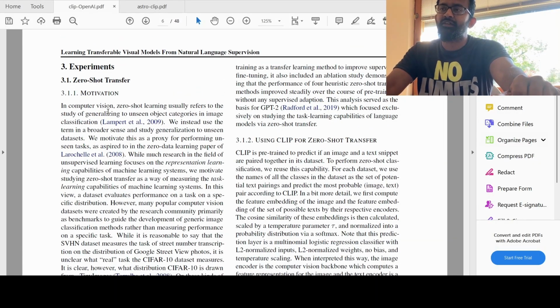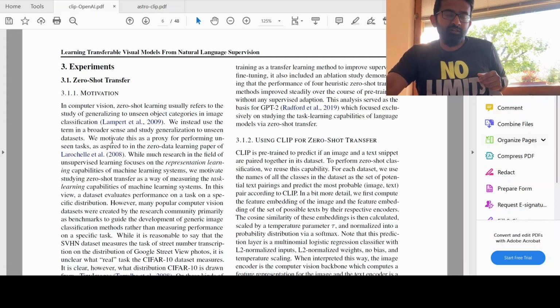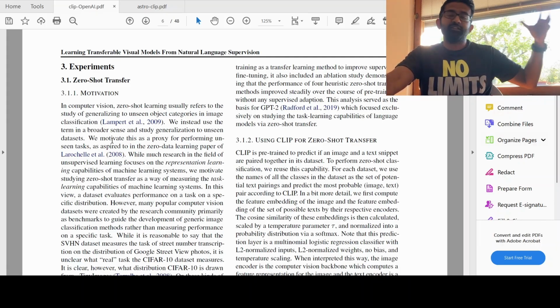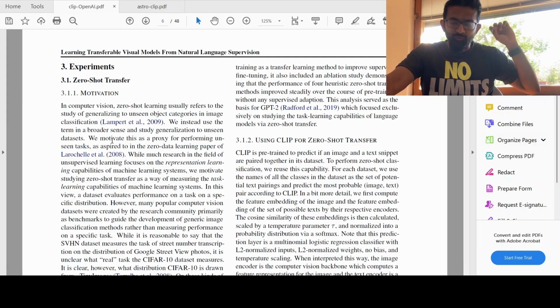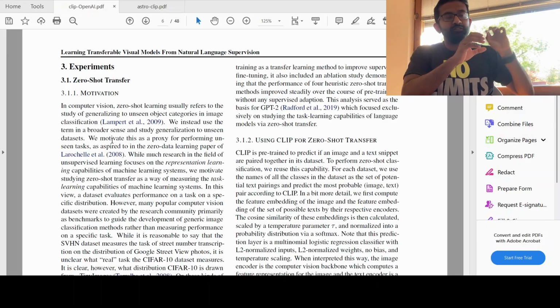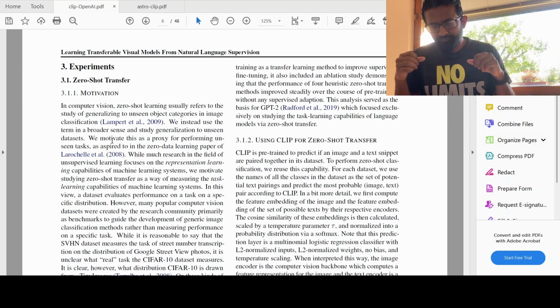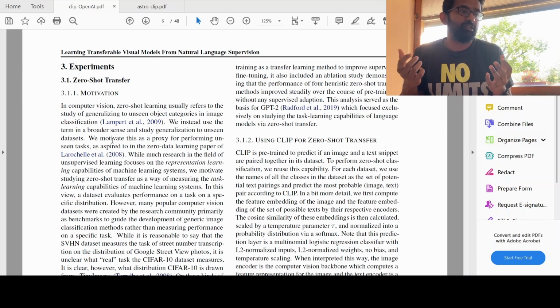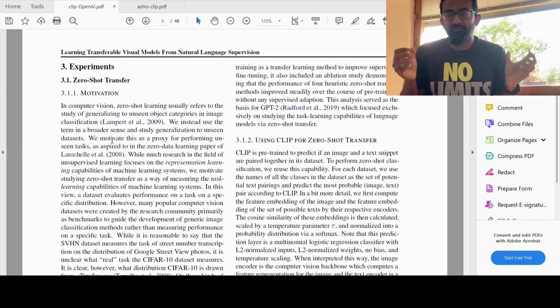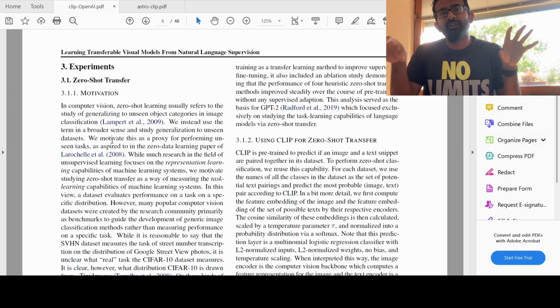Here they give examples of zero-shot transfer learning. In transfer learning, you train a network, you freeze it so all the weights in the model are frozen, and then you pass some other data that the network has never seen. Usually in transfer learning, we think of something like fine-tuning, where we fine-tune the model to do some further specific task.